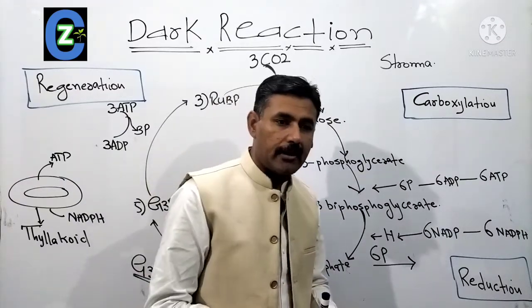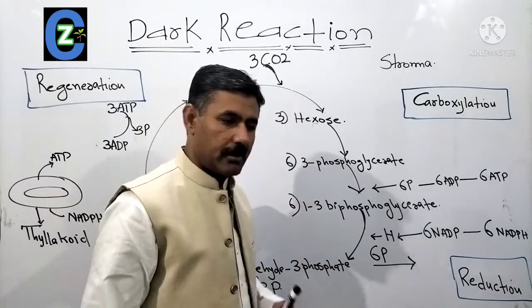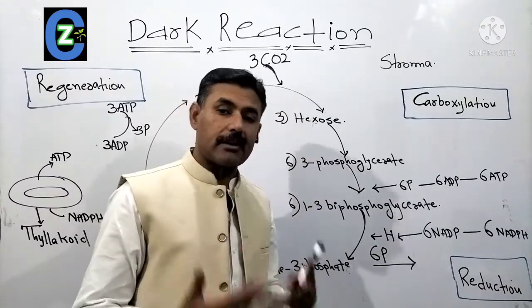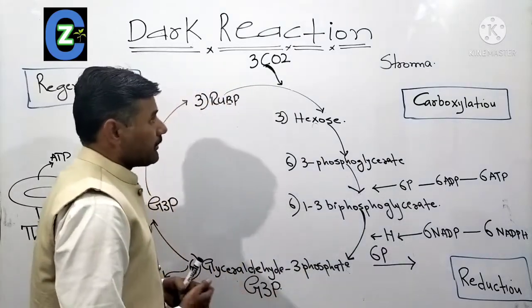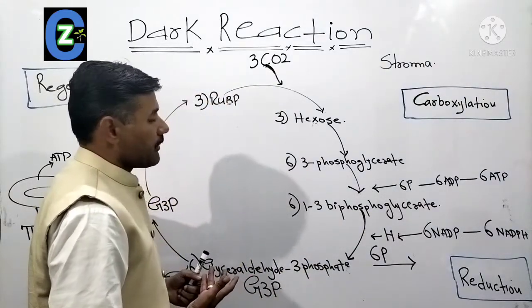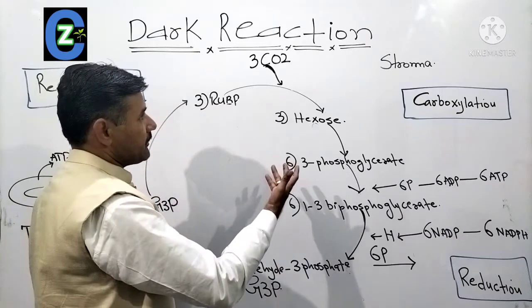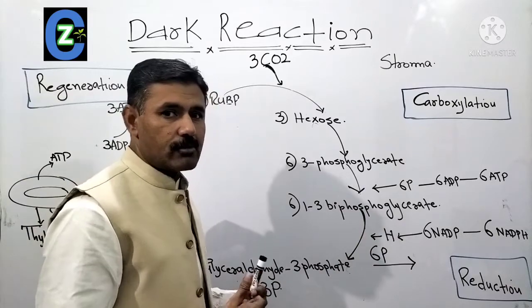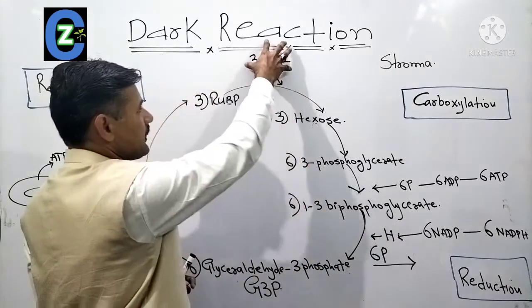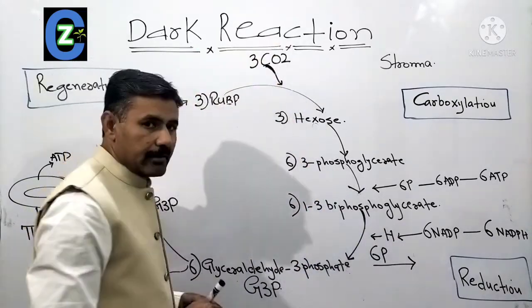We will study later that RuBisCO is an enzyme that can work as a carboxylase, and it can work as an oxygenase as well. But during dark reaction, carbon dioxide reacts with RuBP with the help of RuBisCO carboxylase, and this carbon dioxide is fixed in RuBP.